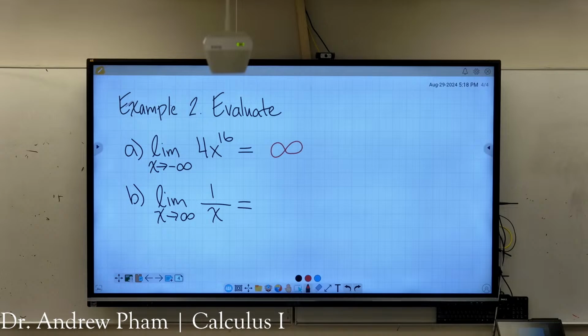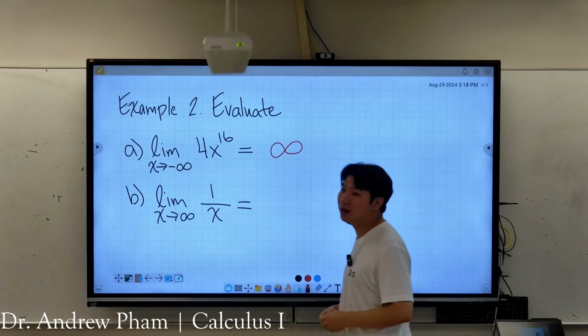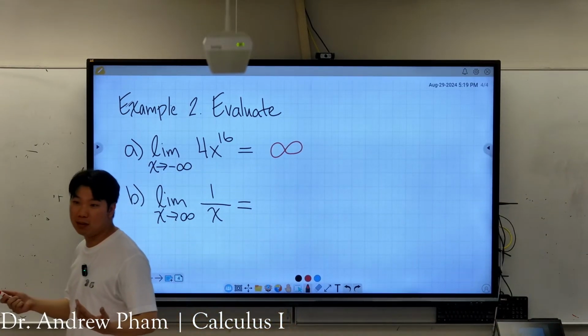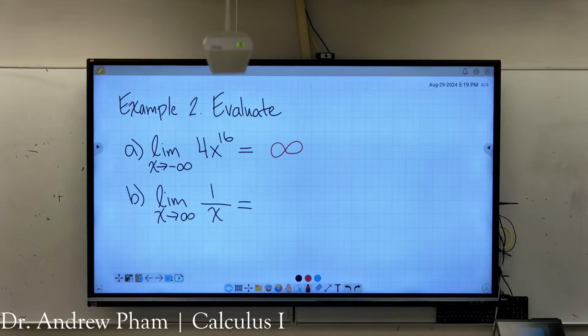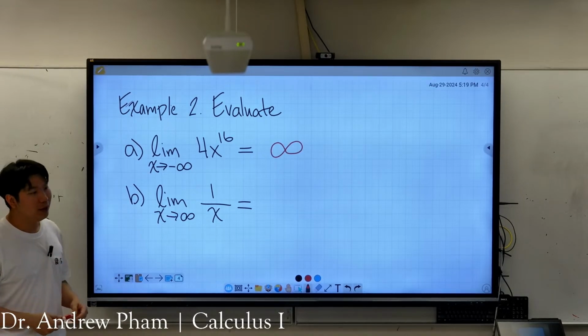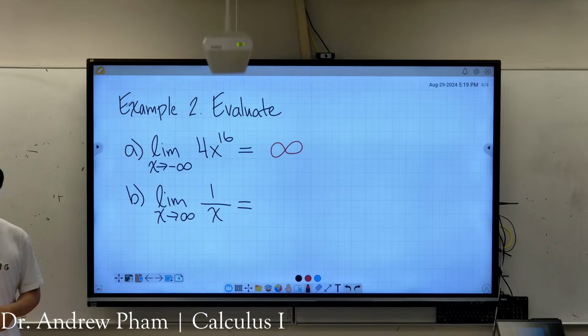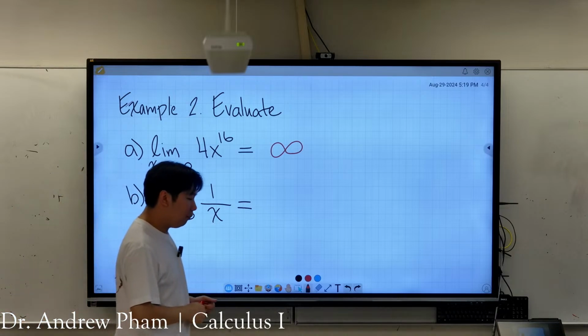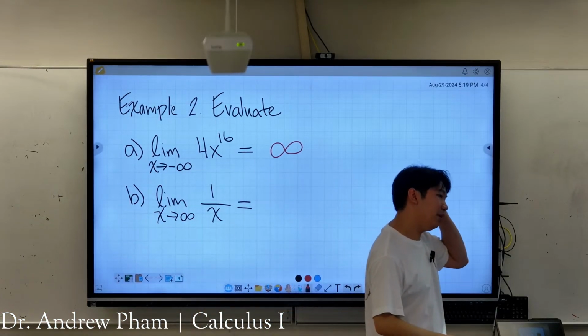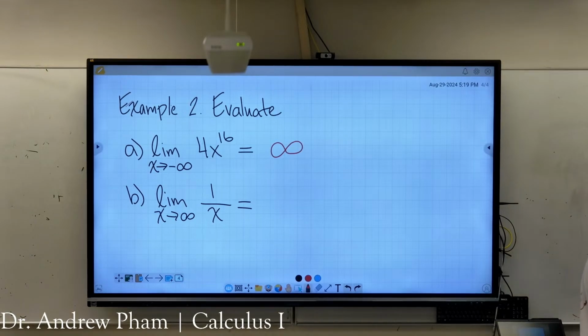It's getting smaller. Because imagine, if I had 1 over 100, that's a small number. If I did 1 over 1,000, that's even smaller. If I did 1 over 10 billion, that would give you 0.000001 after a while. So my question here will be, what number am I approaching in particular?